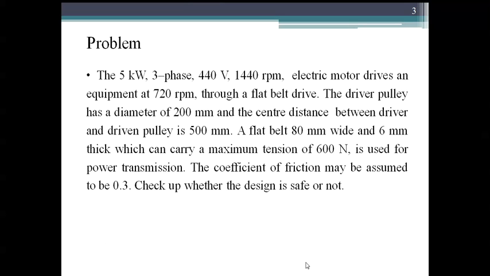The first one is: a 5 kilowatt, 3 phase, 450 volt, 1440 rpm electric motor drives an equipment at 720 rpm through a flat belt drive. The driver pulley has a diameter of 200 mm and the center distance between the driver and driven pulley is 500 mm.